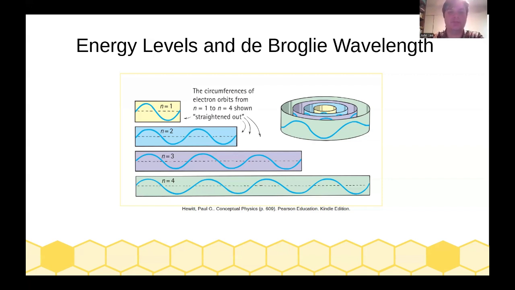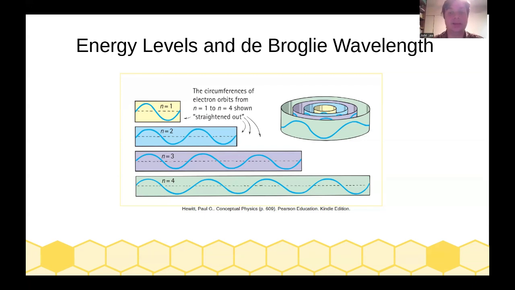So the first one has the wave go up and then down, and only do this once as it goes about in a circle. The second one has to go up and down and up and down, and then it goes around in the circle. And then the third one and the fourth one do similarly, as we can see in this diagram.